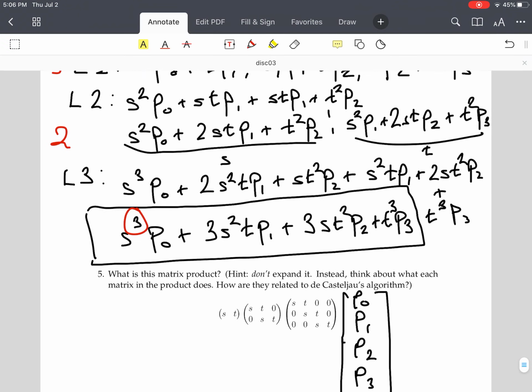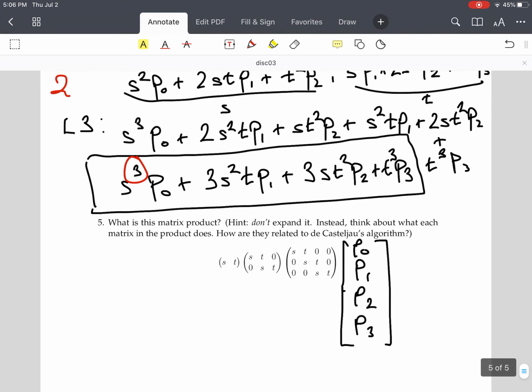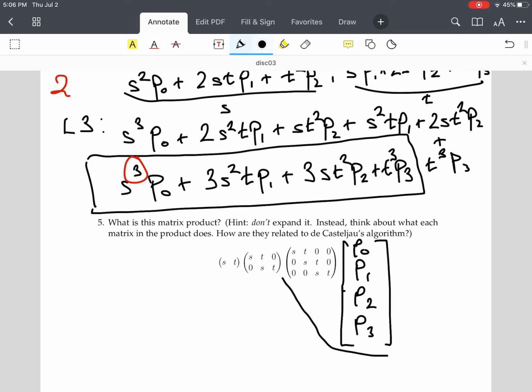If you look at this, s times P0 plus t times P1, that's the first element in this matrix vector multiplication, and the second is s P1 plus t P2. So essentially, this first level of matrix vector multiplication, this one right here, is going to solve for our level 1 points. It's going to give us 3 points.